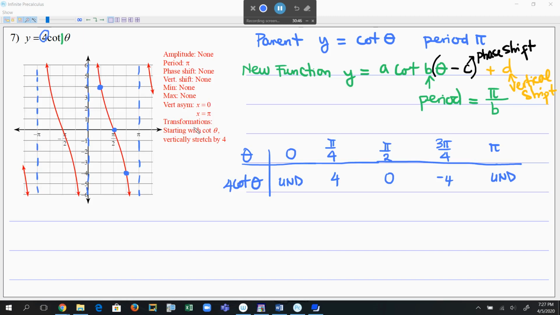And then for the transformations, in this case, we start with the parent function cotangent, and we do a vertical stretch by a factor of 4. If you look at the output, each one of the values in the output will be multiplied by 4.